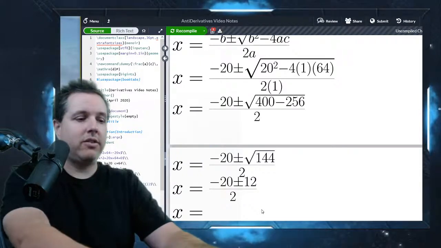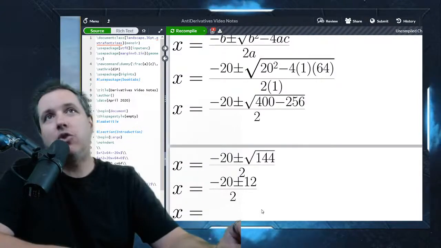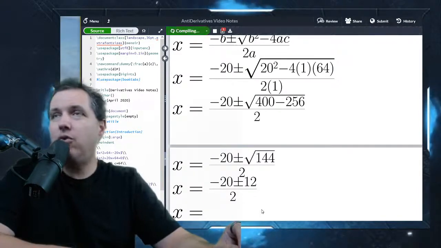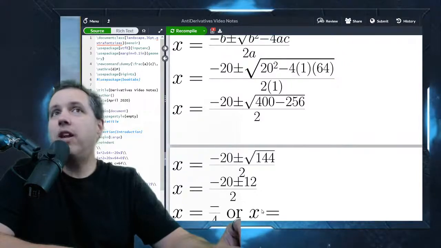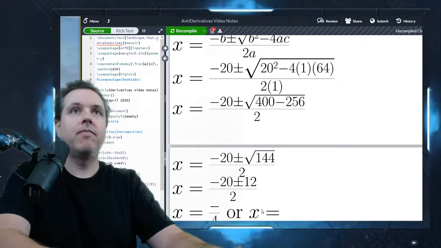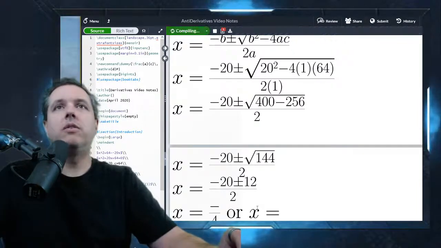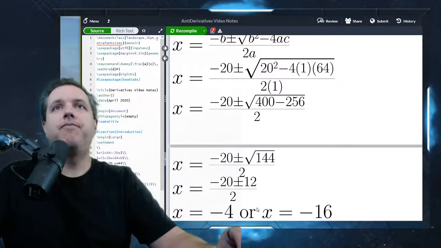And our other answer is x equals, let's see, if I subtract 20, I get negative 32. Negative 32 divided by 2 would be negative 16. Is that right? Yeah. So our answer should be negative 4 and negative 16.